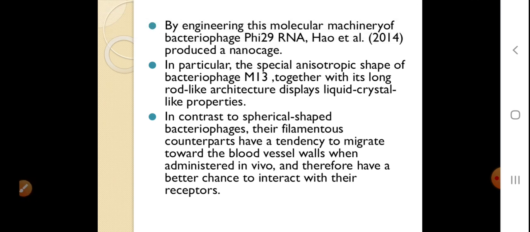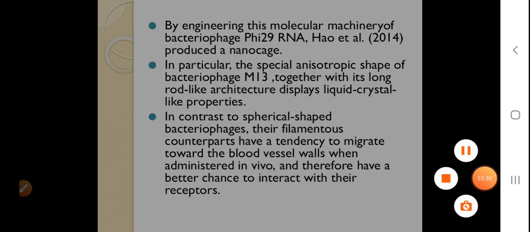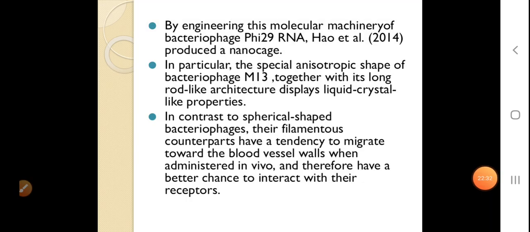Fine. So the bacteriophage RNA is now within this capsid. In this capsid, you are going to put in the DNA of your interest, and now you are going to utilize the machinery of the bacteriophage to push the DNA of your interest into the host cell. Fine. So they are used as a nanocage.